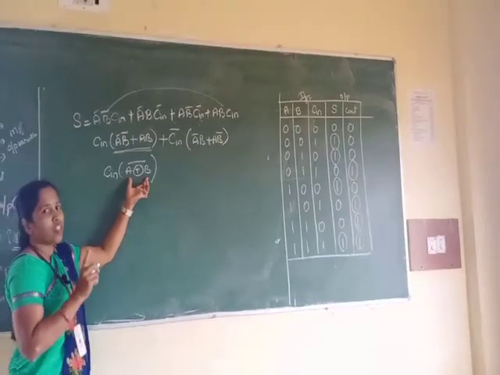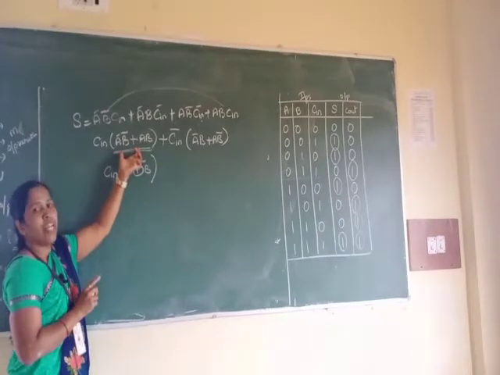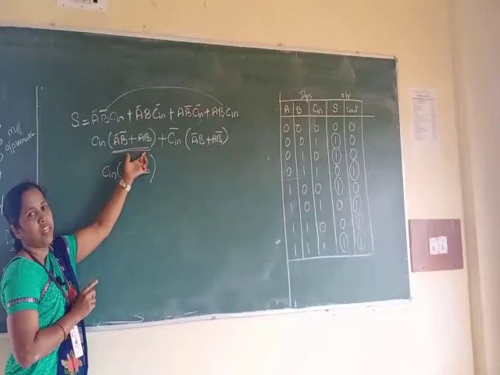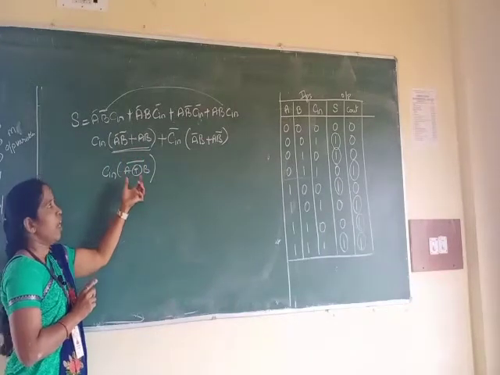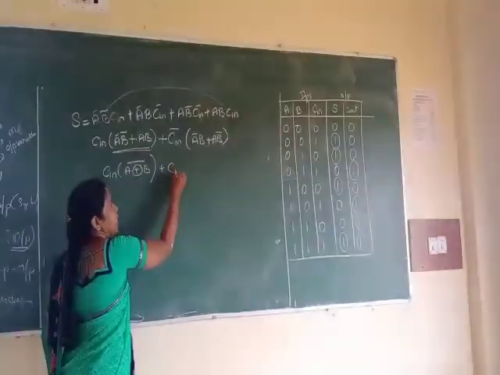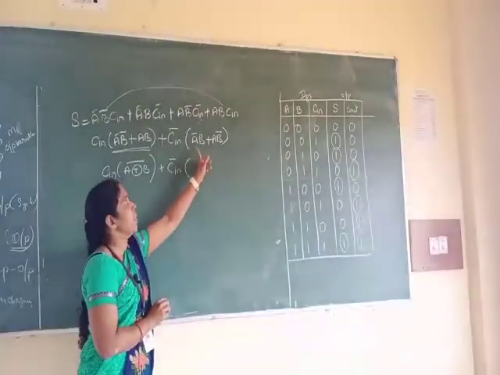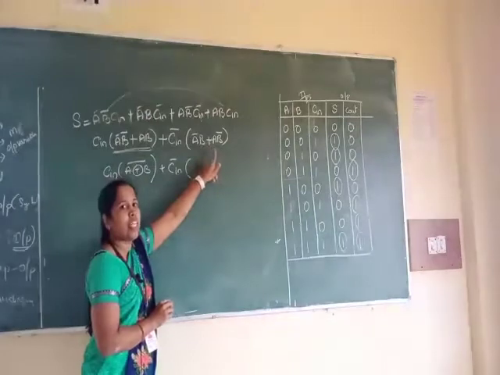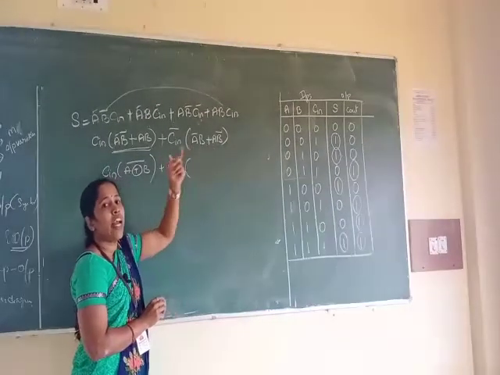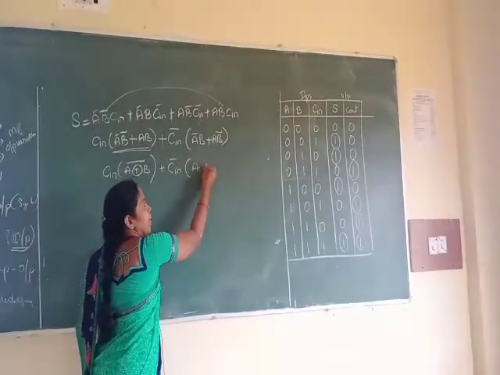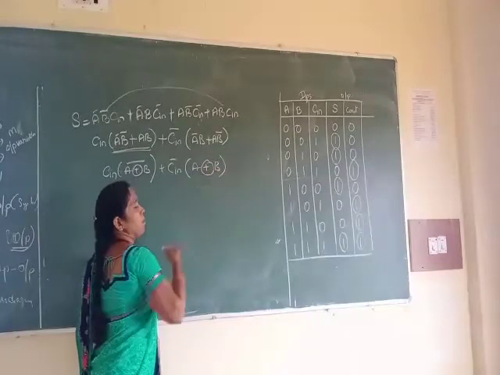So if you check that XNOR gate, the expression will be A bar B bar plus AB. So I have taken this one. And after that, here C in complement. So this is nothing but XOR gate again. So A bar B plus A B bar. You will get XOR gate, that is nothing but A XOR B.